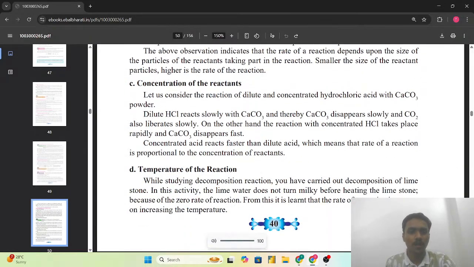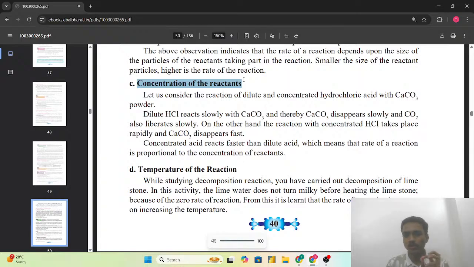Next we have part C, the concentration of the reactants. Let us consider the reaction of dilute and concentrated hydrochloric acid with CaCO3 powder. So we have to do the reaction of calcium carbonate with dilute HCl and concentrated HCl. Dilute HCl reacts slowly with calcium carbonate, so the calcium carbonate disappears slowly and CO2 is also liberated slowly, since the dilute HCl contains some amount of water.